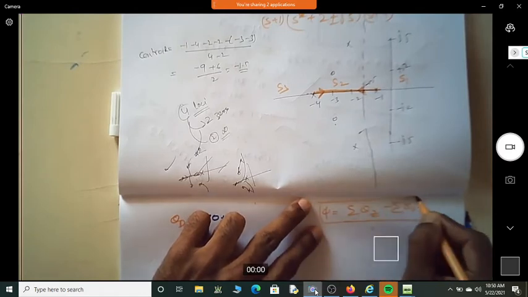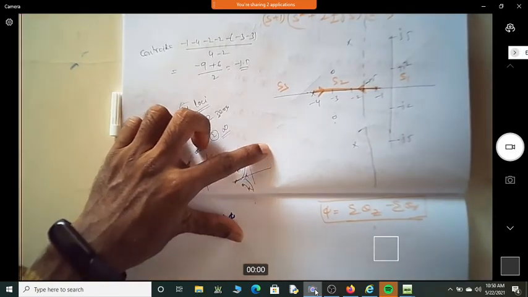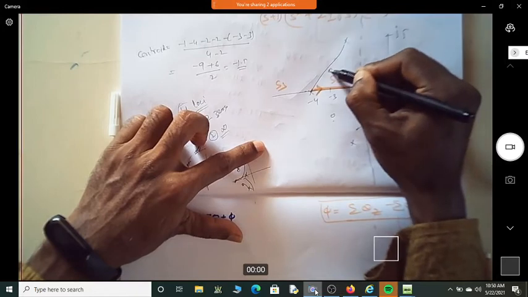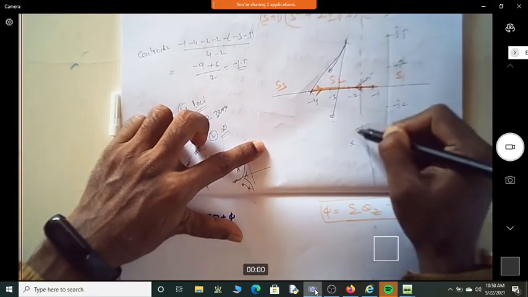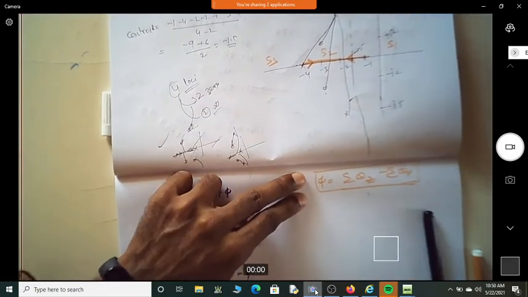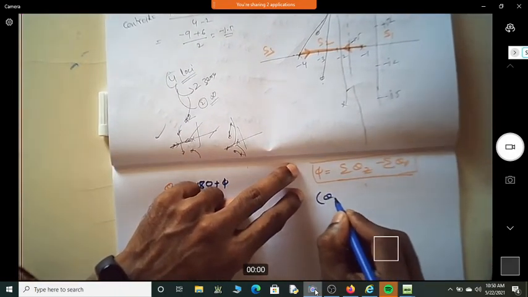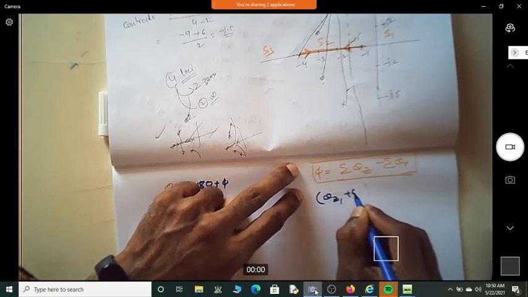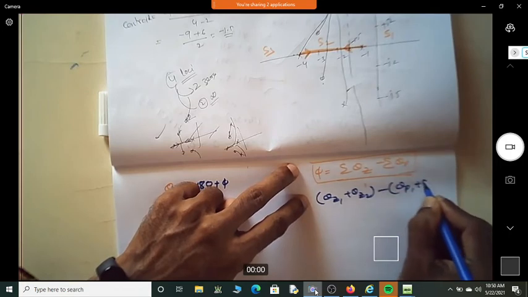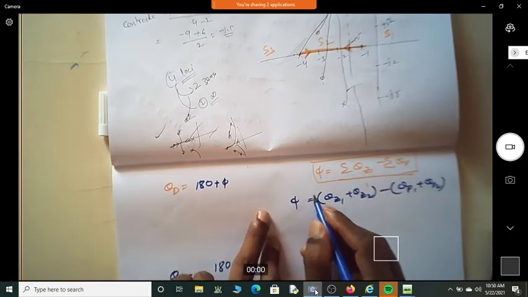So for this theta d, shall I write it as theta z1 plus theta z2 minus of theta p1 plus theta p2, which is phi?